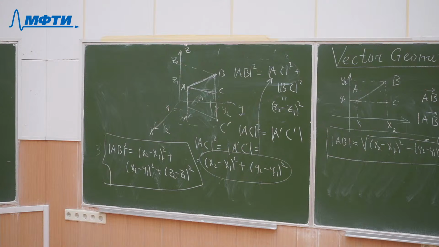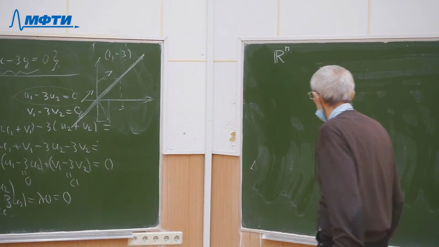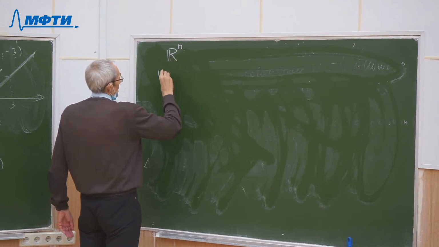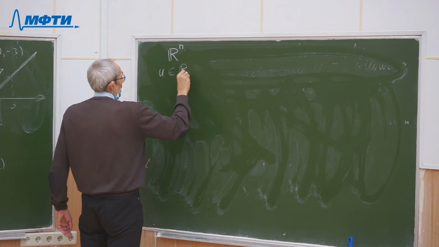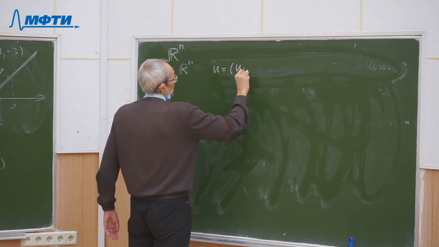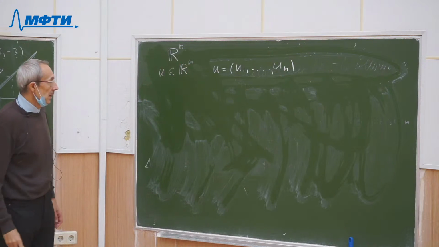Let Rn be the arithmetical vector space and u some vector in this vector space, and this vector has coordinates u1, ..., un.